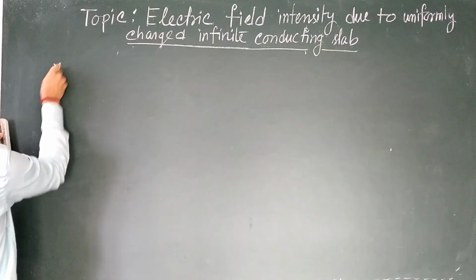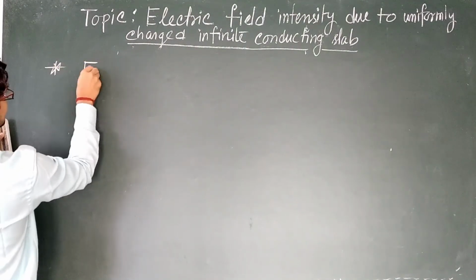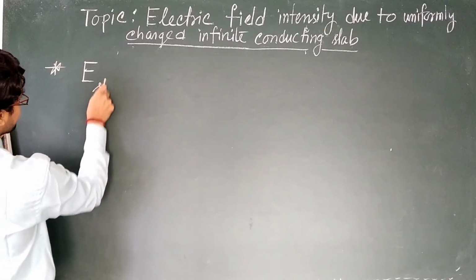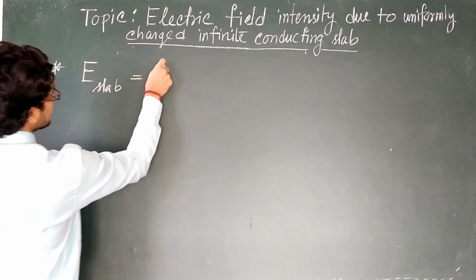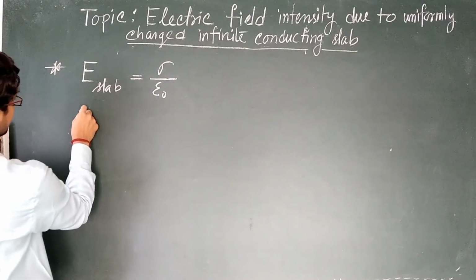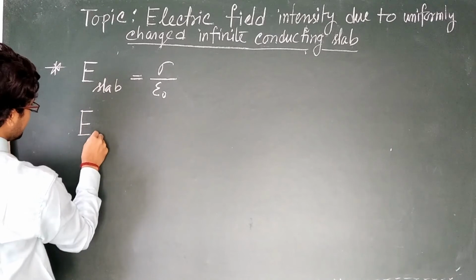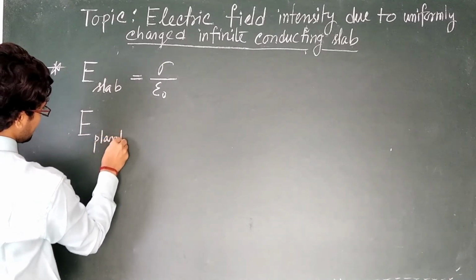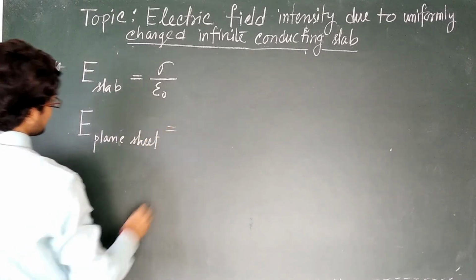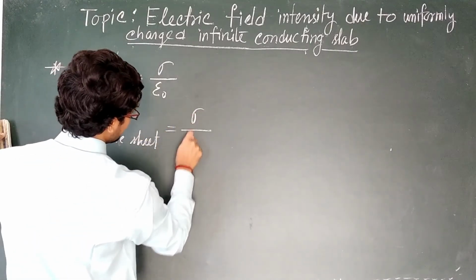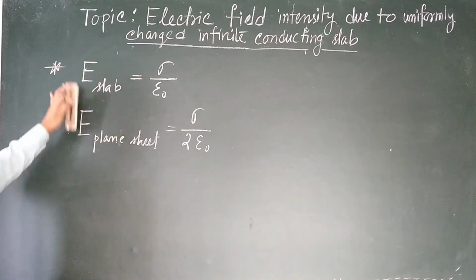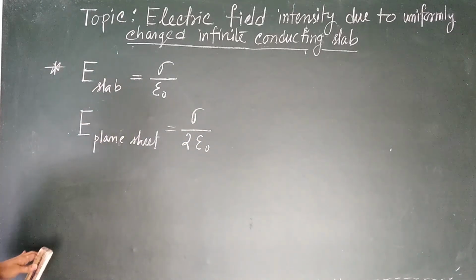Okay. So electric field intensity E due to slab is what? That is sigma by epsilon 0. And I am taking an infinite plane sheet of the same charge density sigma, and it is sigma by 2 epsilon 0. So what is the relation between them?